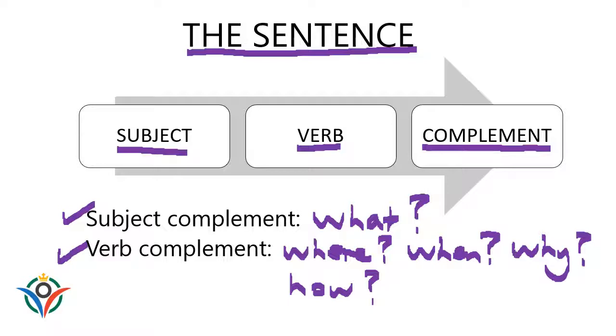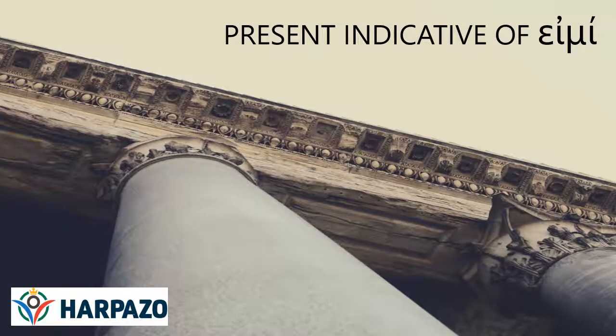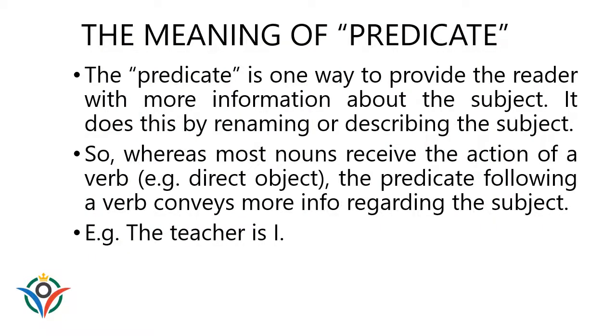But what I'd like to do now is speak to you more closely about the relationship between the subject and the complement. So regarding that relationship, I'd like to introduce you to the concept called the predicate and tell you the meaning of this word.